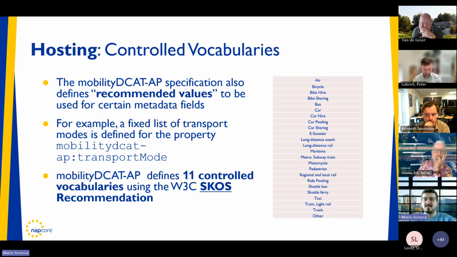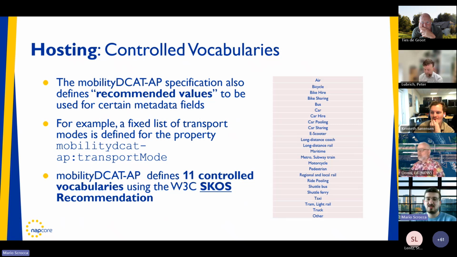So you can see here as an example, a fixed list of transport modes. This is the list of transport modes that is made available by the mobilityDCAT-AP transport mode controlled vocabulary. And these are the values that should be used as value of the mobilityDCAT-AP transport mode property.